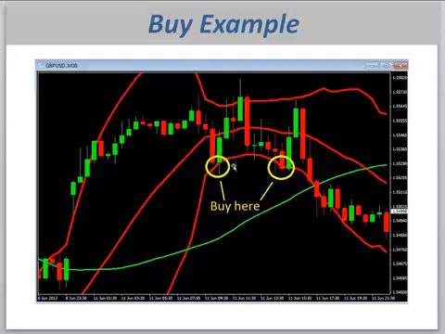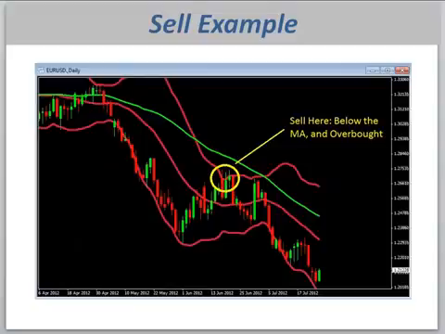So we have these two positions here. We're buying when it gets oversold, but it's still above the 50-period moving average. We're trading the trend. The trend is moving higher, and we're buying on that trend when our Bollinger Bands tell us that it's oversold.